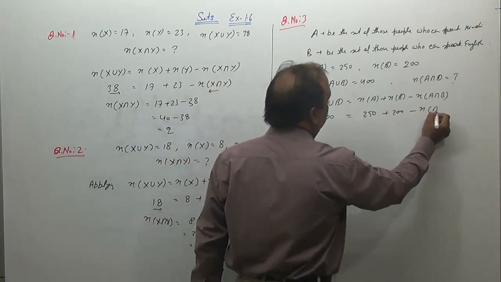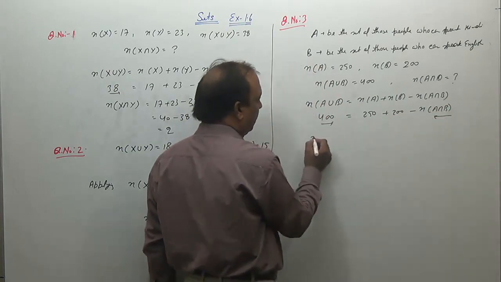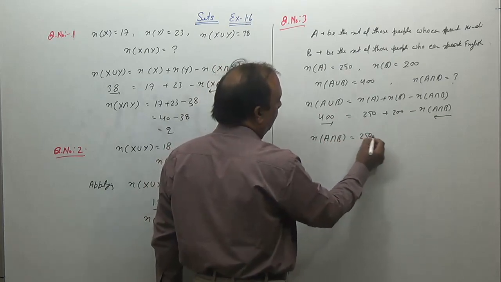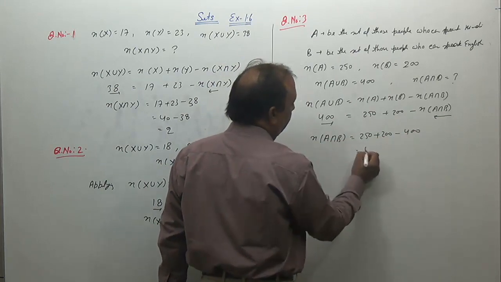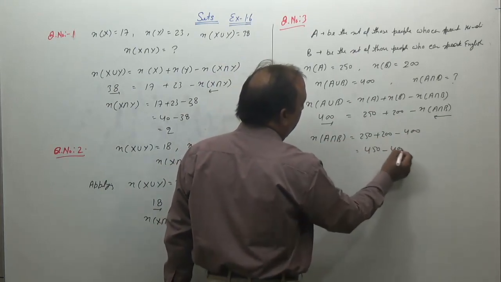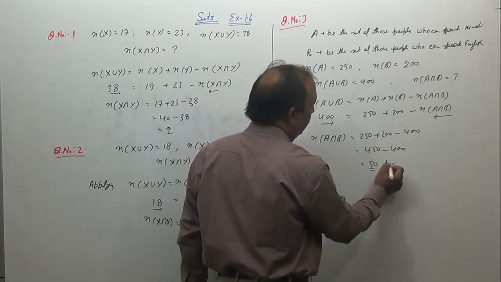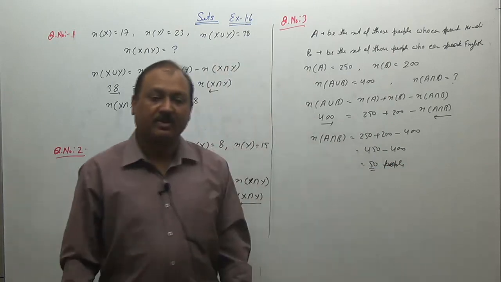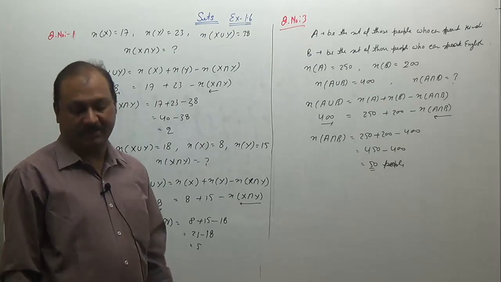Transfer 400 to the other side: n(A intersection B) = 250 + 200 minus 400, that is 450 minus 400, that is 50 people. So 50 people can speak both the languages Hindi as well as English.